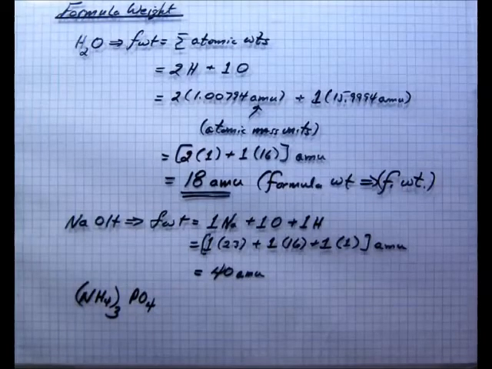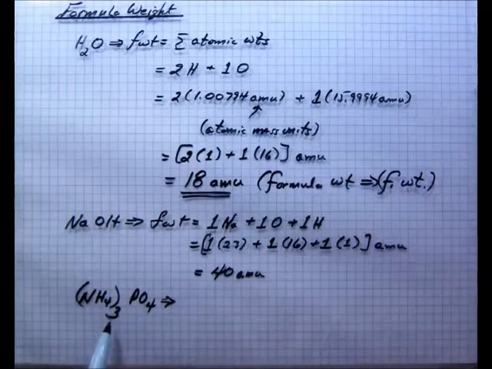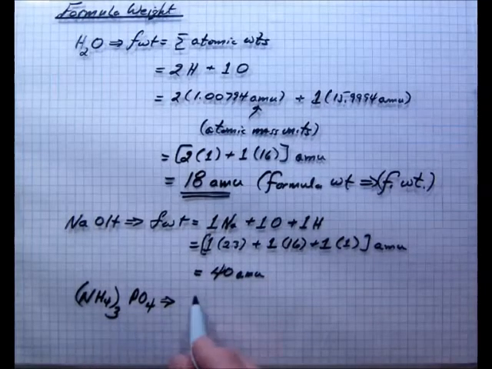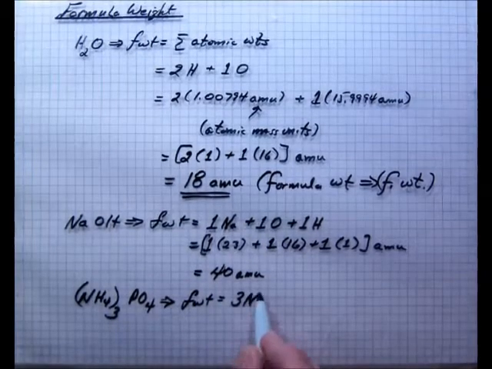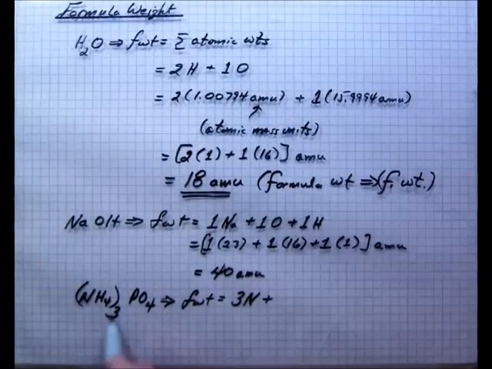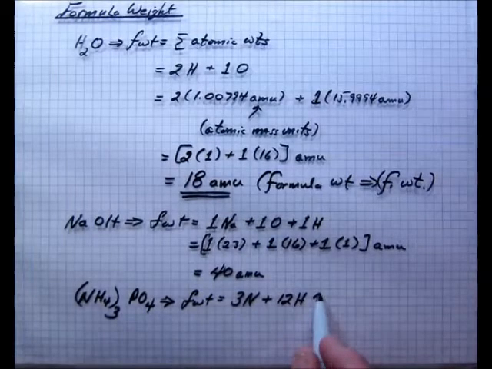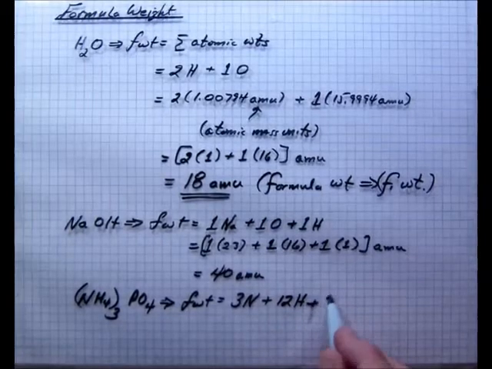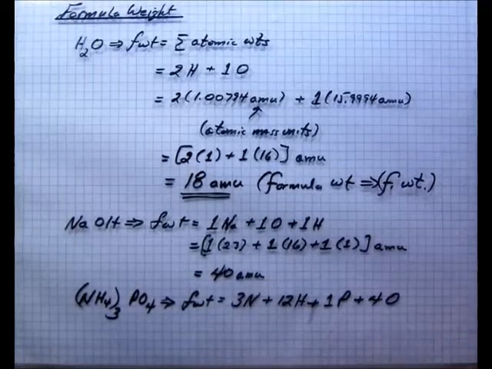And if we have to calculate the formula weight, we have to take the 3 and apply it to everything inside the parentheses. So in this relation, the formula weight would be based upon 3 nitrogen atoms, 12 hydrogen atoms, 1 phosphorus, and 4 oxygens.